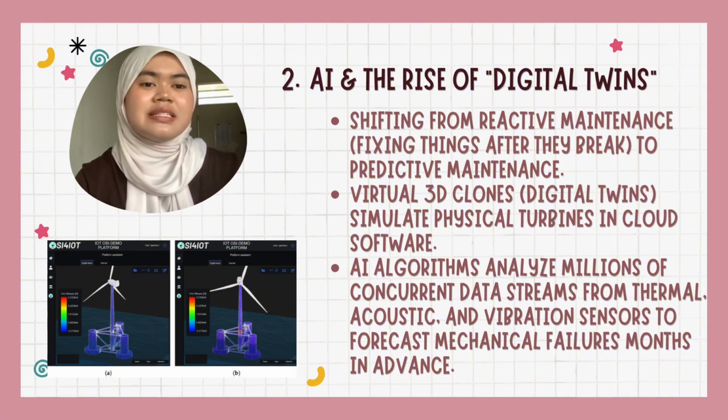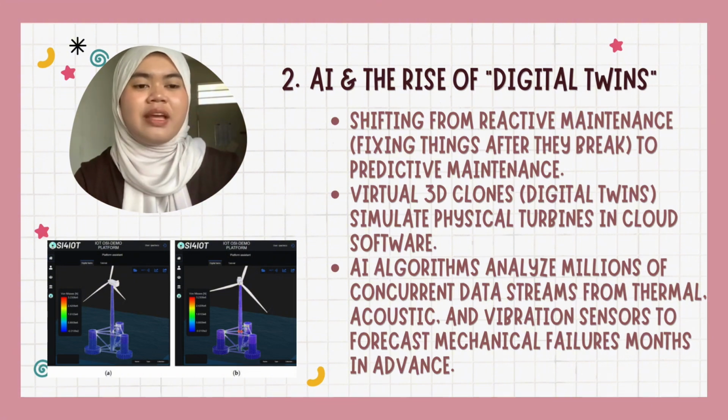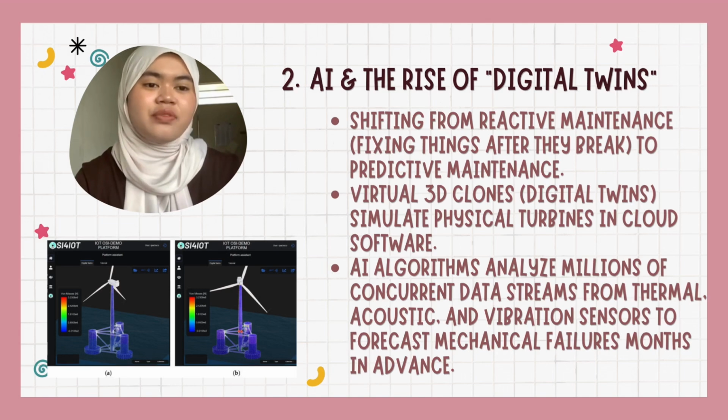This allows the system to create a digital twin, a virtual clone of the physical turbine running in the cloud. By comparing real-time instrument data against the digital twin, the system can predict a component failure months before it actually happens. This shifts us from reactive maintenance to true predictive maintenance, radically cutting operational costs and ensuring the grid never loses power unexpectedly.